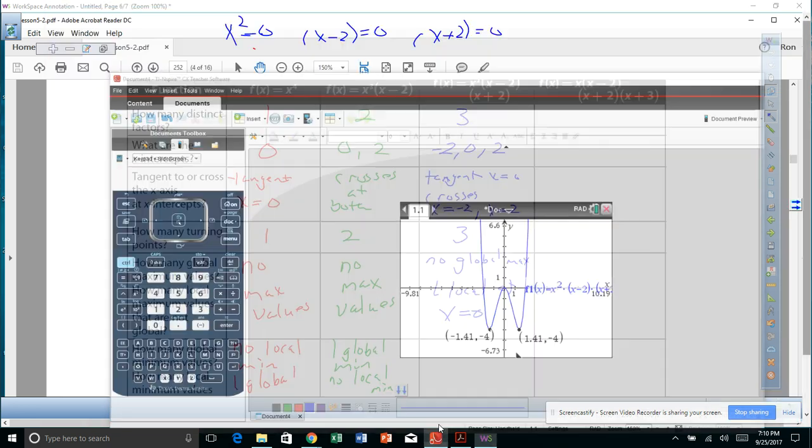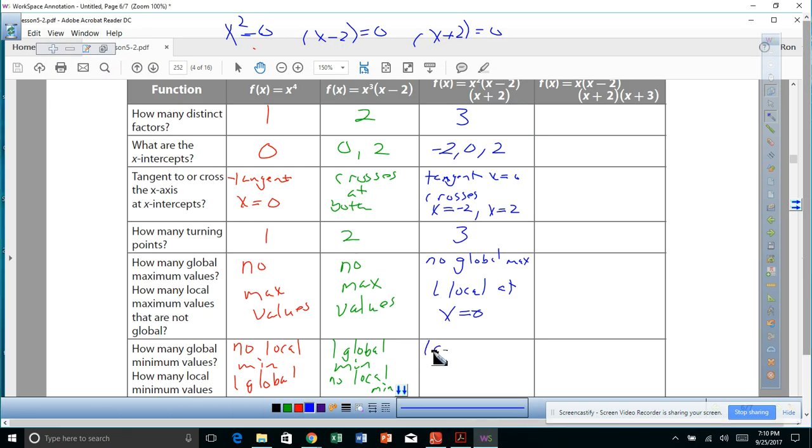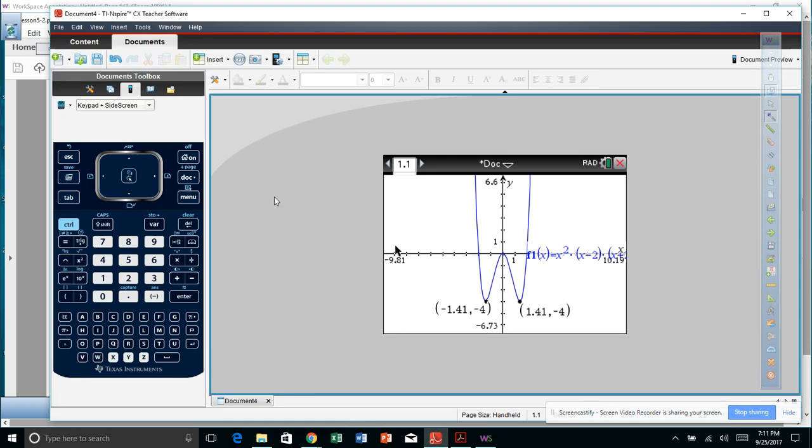So that's actually considered one global min at y equals -4 and no local min. All right? And that's supposed to be a y. That's a terrible y. Y equals -4.